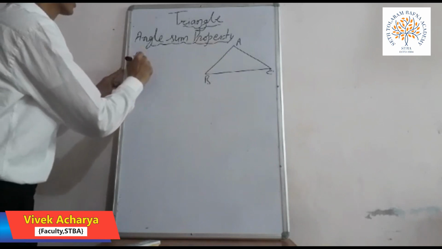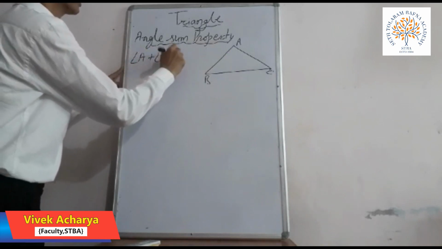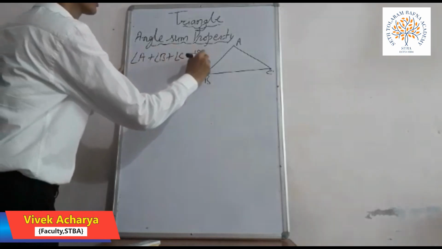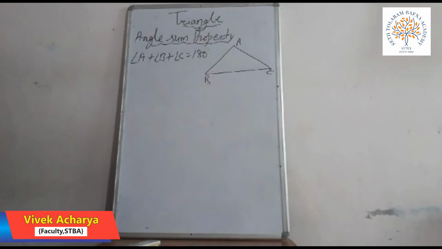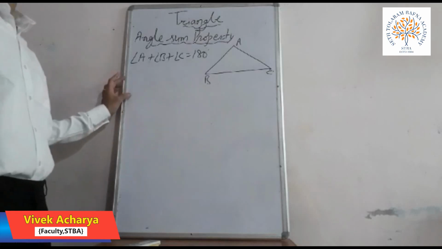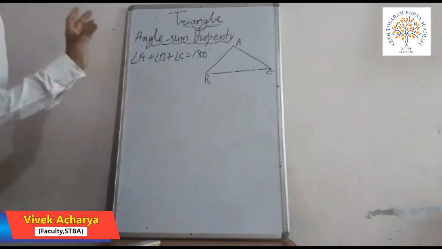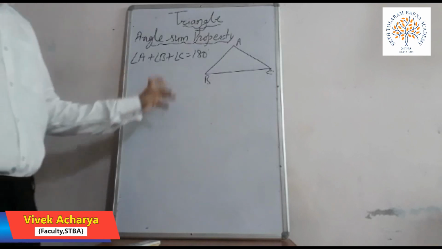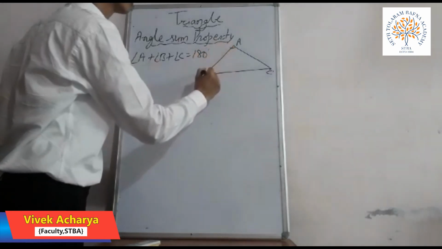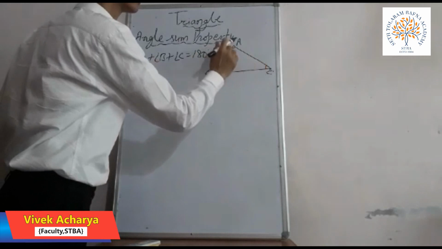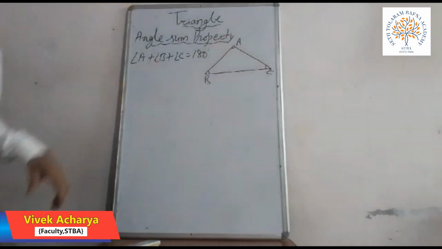So we will say angle A plus angle B plus angle C is equal to 180 degrees. This is called the angle sum property of a triangle. Remember students, this is the angle sum property for any triangle. Always remember the sum of interior angles. There are three interior angles, angle A, angle B and angle C. Remember it, the sum of all three interior angles is 180 degrees.